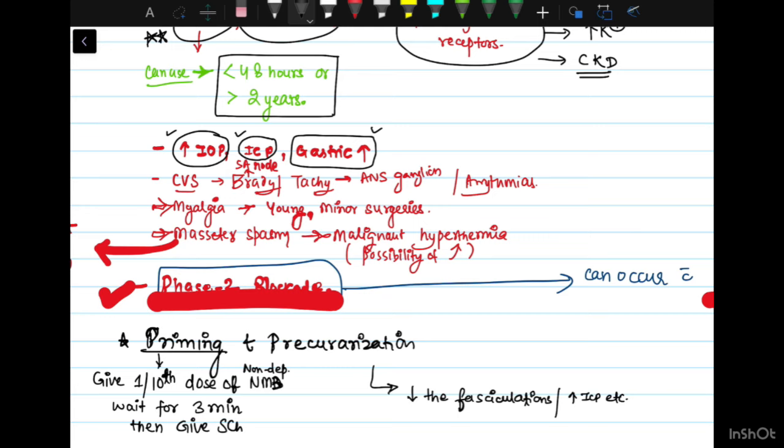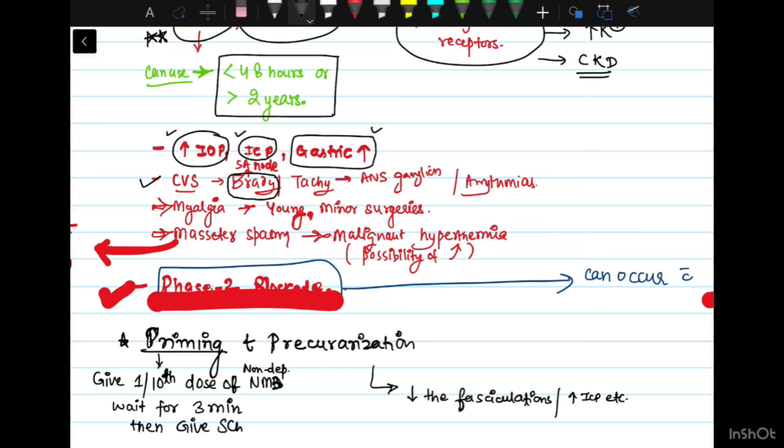As you know, succinylcholine is very similar in structure to acetylcholine. So in the CVS, you can see that it leads to bradycardia most of the time. Suppose in an emergency you are going to give succinylcholine and the patient is already bradycardic, suppose the heart rate is 40. You should try to avoid succinylcholine and use an alternative for RSI, that is rocuronium.